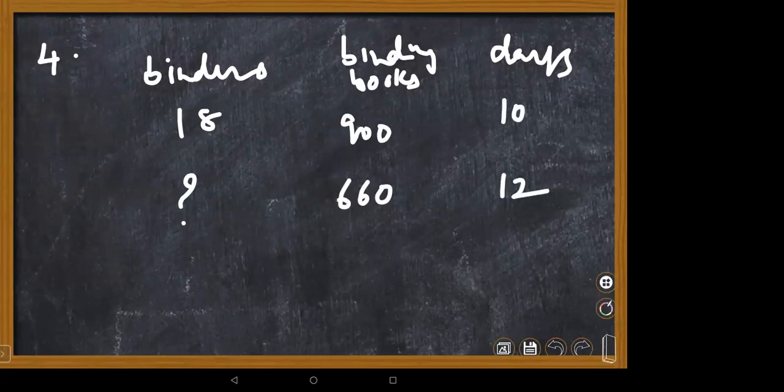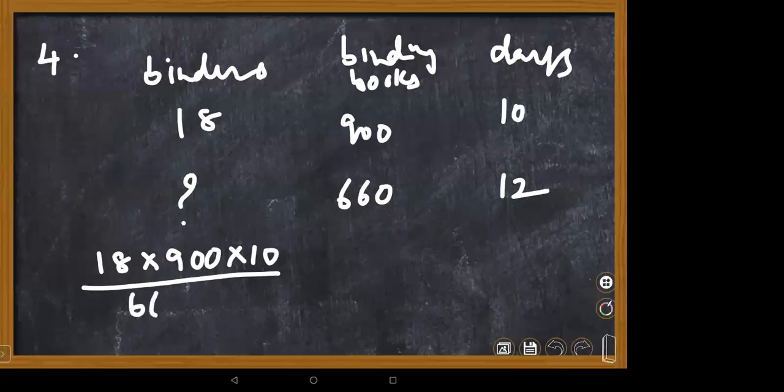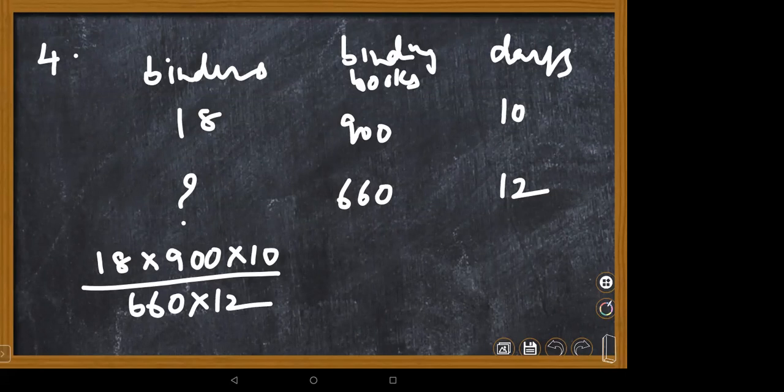Come on, children. Please do the same thing and give the answer. So what we can do here: 18 multiplied with 900 multiplied with 10 divided by 660 into 12. Ma'am, when can we do this directly?